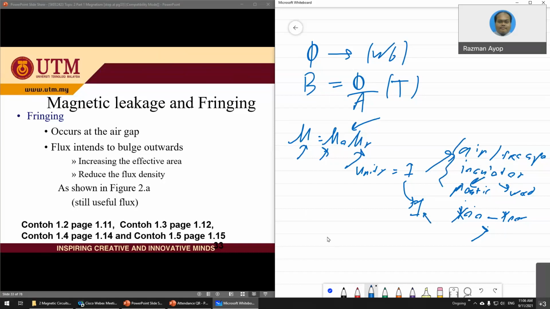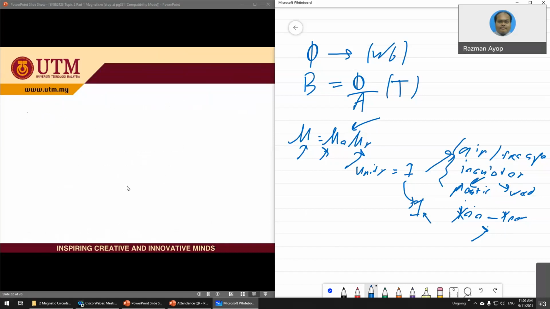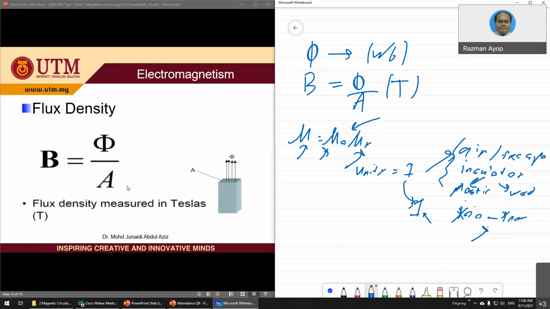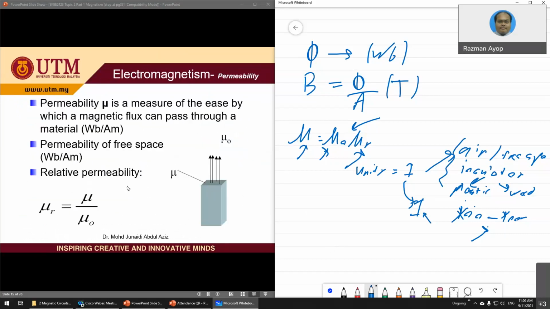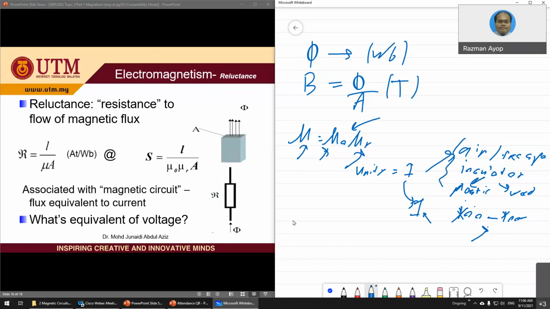And then you learn about what else? Let me check back. Reluctance. Reluctance S equals the length divided by mu, where mu is this one, multiplied by area.